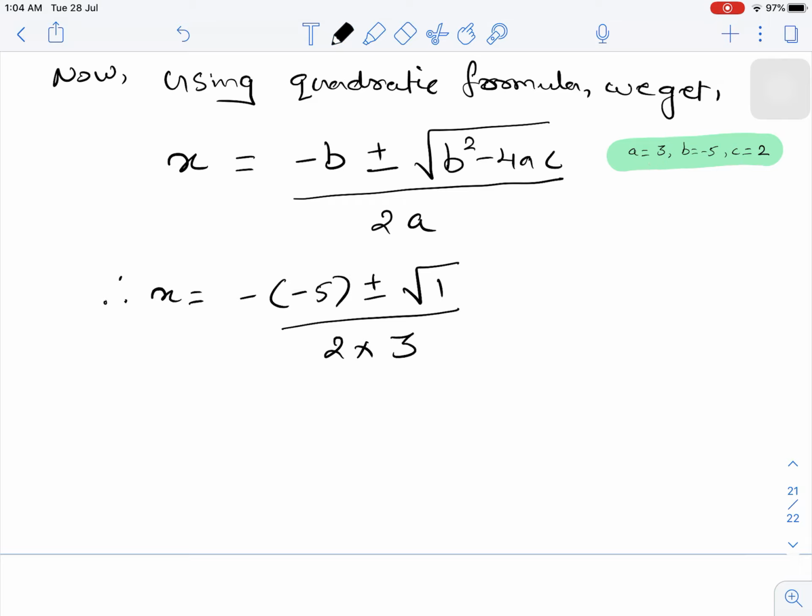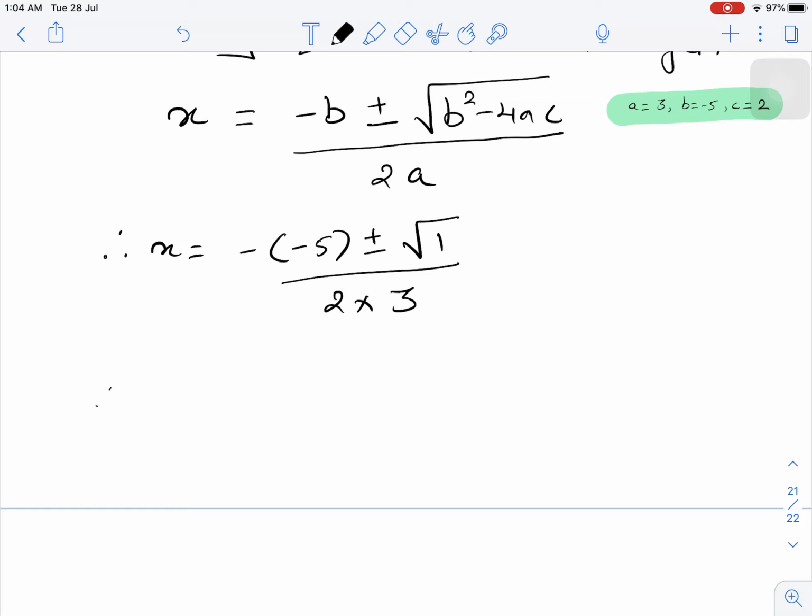So you will get x equals, minus into minus becomes plus 5 plus or minus square root of 1, which is 1, upon 2 3s are 6.